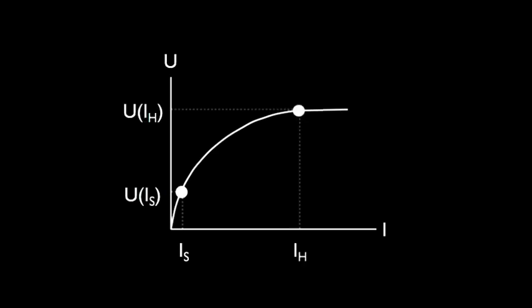Similarly, we could take the IH, we could plot it on the utility function, and the utility function would tell us how happy or how much utility the person would have if they realized the income level IH. But there's uncertainty, so the person doesn't know whether they'll land on the bottom dot, which corresponds to the lower level of utility and the lower income level, or the top dot, which corresponds to the higher utility level and the higher income level.